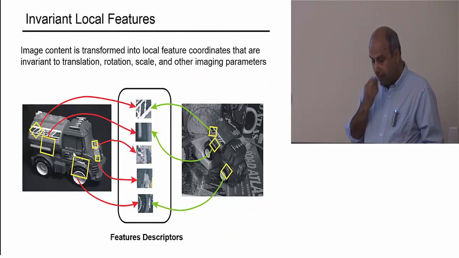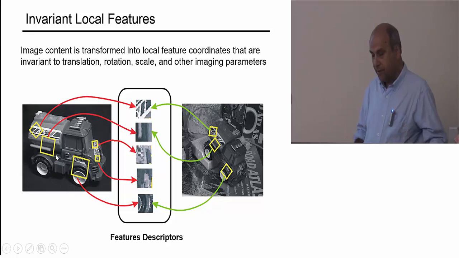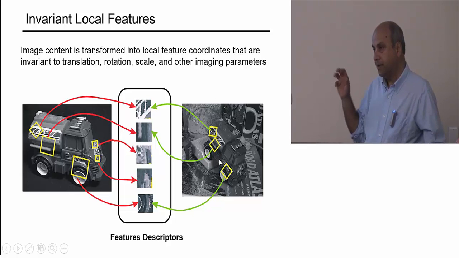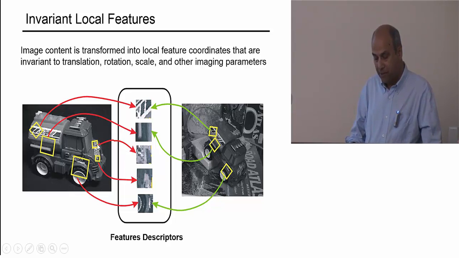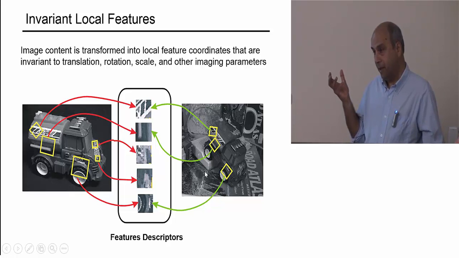So ultimately, what we want to be able to do is this: here is an image of this toy car, and then we have another image where this toy car is there, but it's cluttered. There are lots of other objects. Essentially, we want to take these little patches around these interest points, which are shown here, and say these are the descriptors, and we should be able to match those in this kind of very complex image.